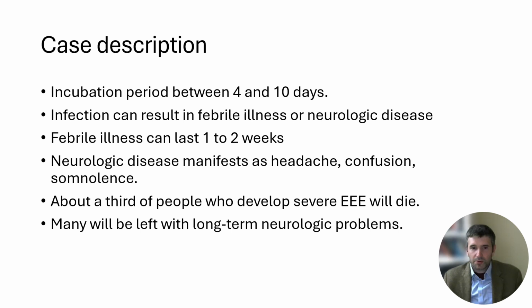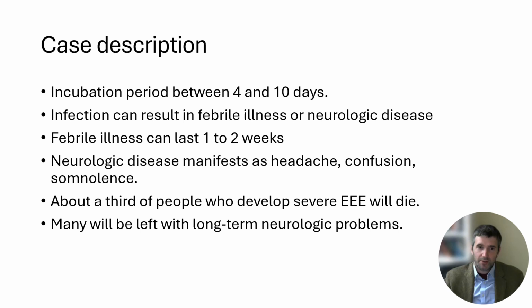Here we will describe the typical case presentation for the virus. So the incubation period is typically between 4 and 10 days, and infection can result in a febrile illness and/or neurologic disease. If you are lucky and just get a febrile illness, then that can present with just muscle pain and fever and just generally feeling unwell, and that can last 1 to 2 weeks.